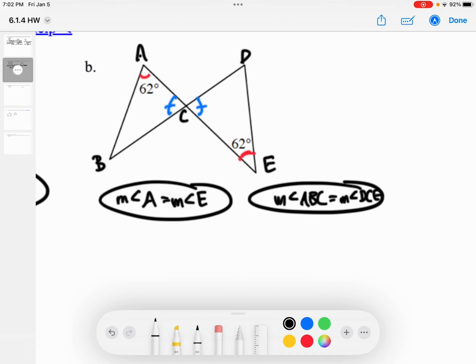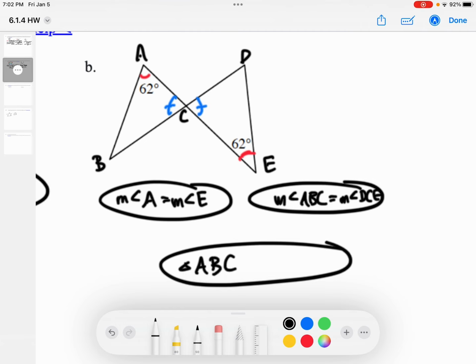Notice we can't just say C because that would be a little bit ambiguous. And we can conclude that triangle ABC is similar to triangle EDC.